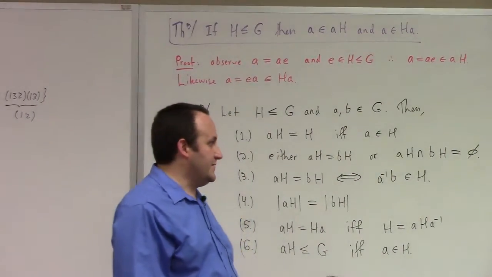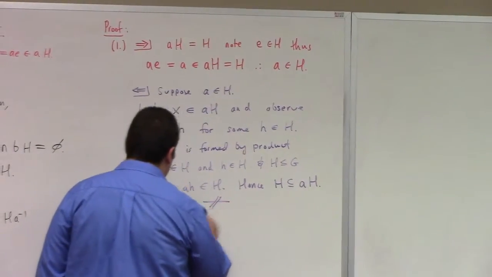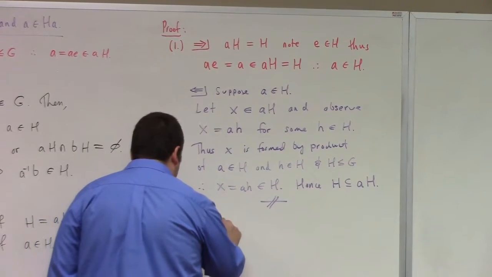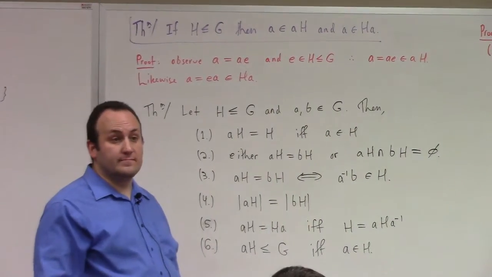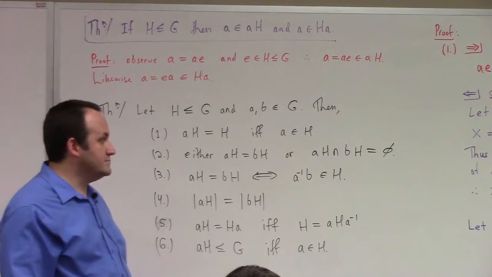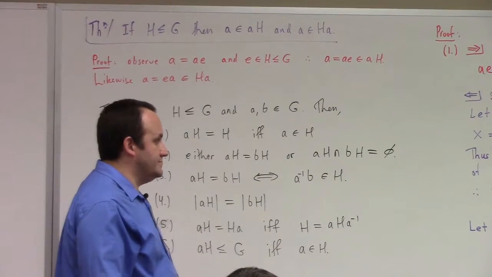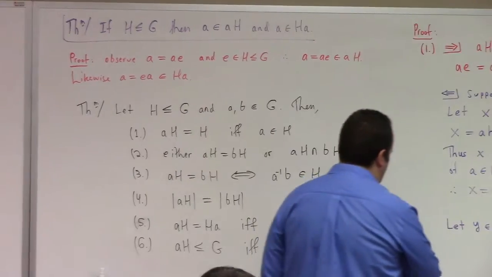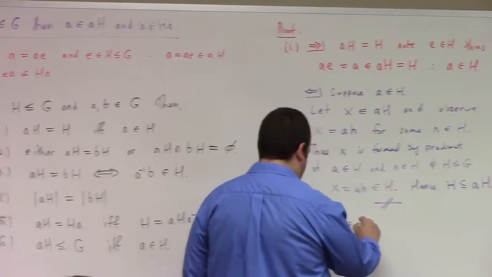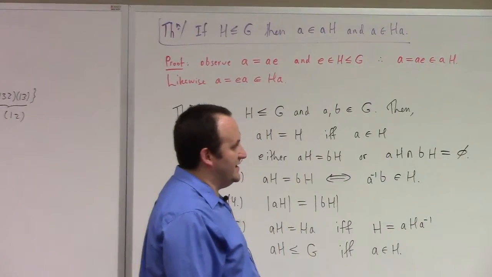Now to go the other direction, what should I do? It's almost the same stupid argument. Let's let y be an element of aH, right? What, I already did that? I already did that. Yeah, I'm sorry. All this unnecessary stair running. Let y be in H, and I want to show that y is in aH, right?